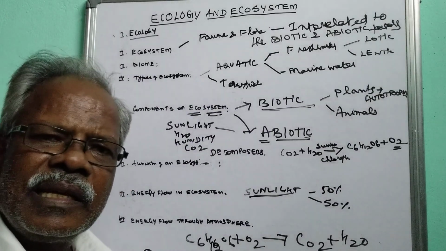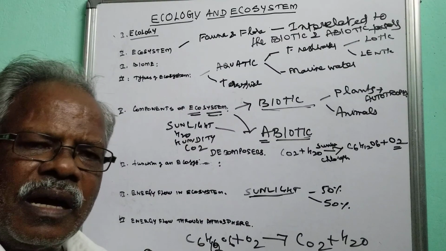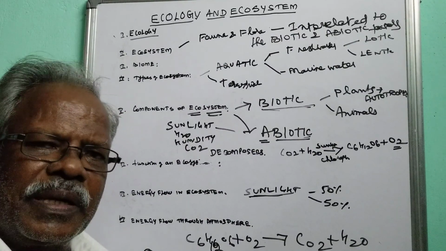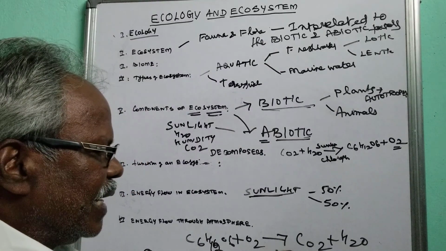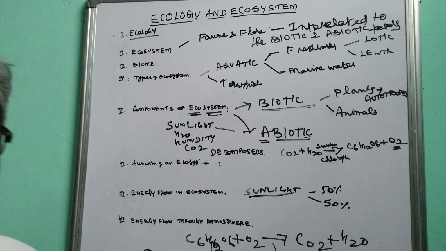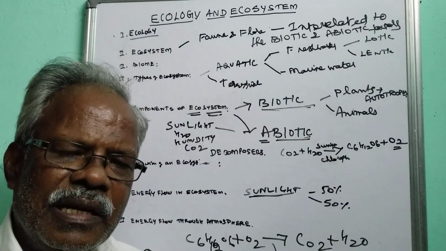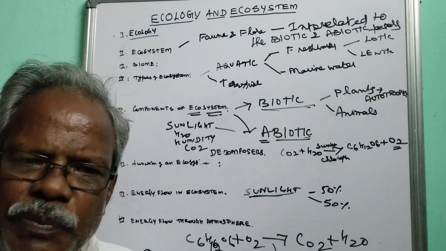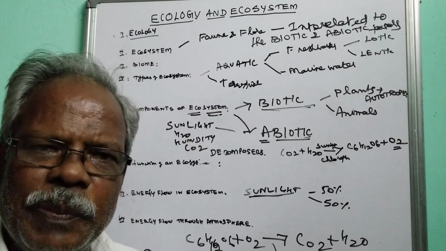While the energy flows from one level to another level, or one trophic level to another, there is a loss of energy in the form of heat. So heat is evolved while doing so. While energy is flowing from one level to another, the heat is dissipated, and the heat comes out while doing respiration.